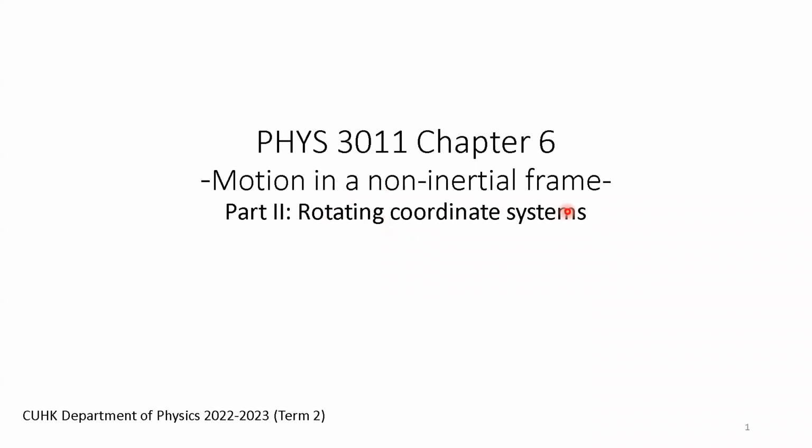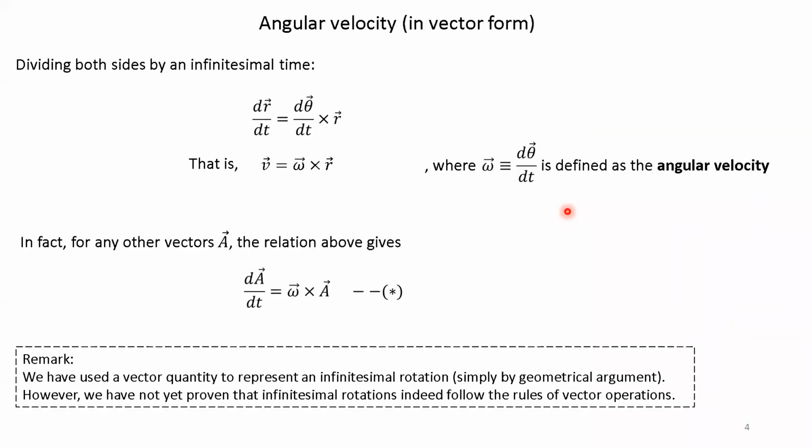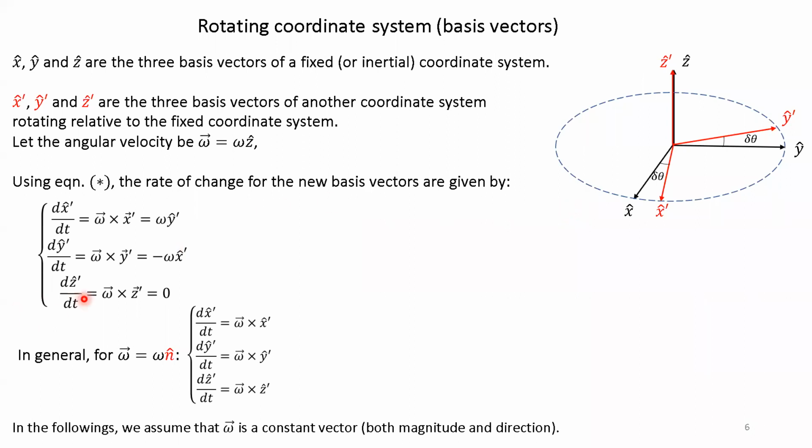I want you to look at this picture over here. Just don't look at the equations yet. You can see that I have two sets of coordinate systems: the black one, given by x, y, z, and the red one, labeled by x prime, y prime, z prime.